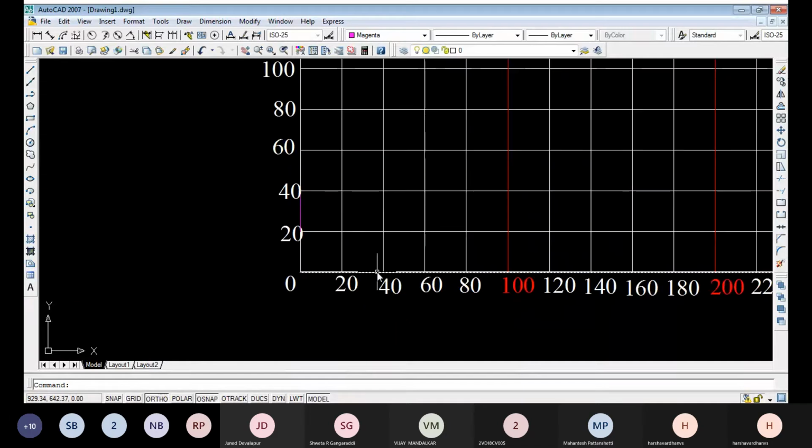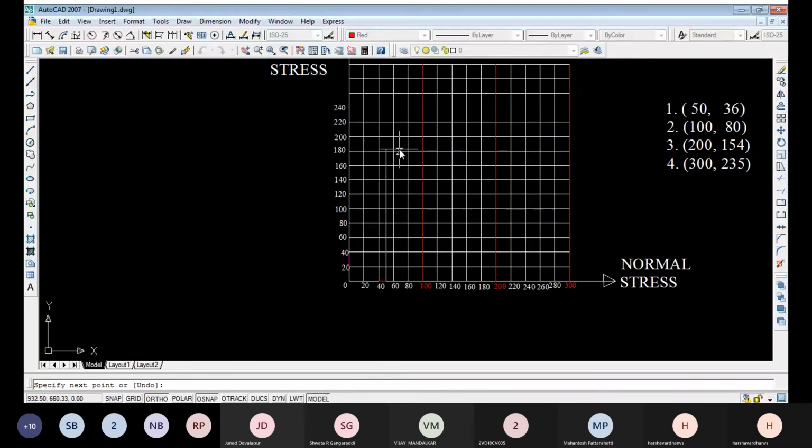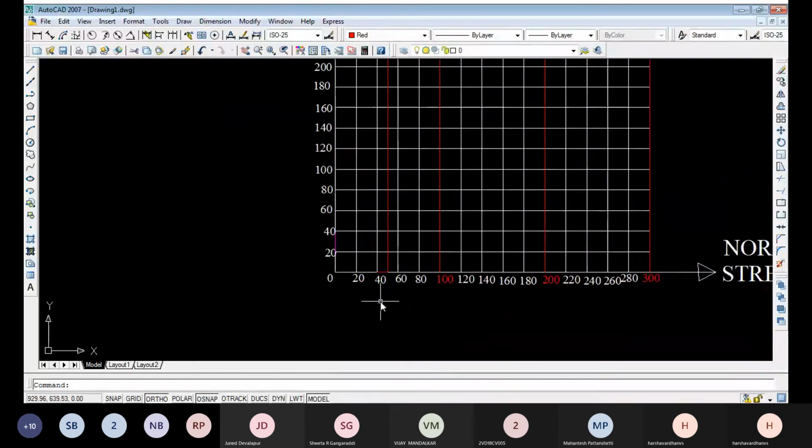The first point is at 50, so I'll mark a point here. So this is 50, exactly in between 40 and 60. So 50, 100, 200, 300.